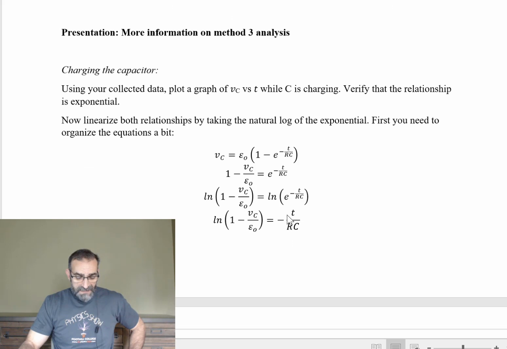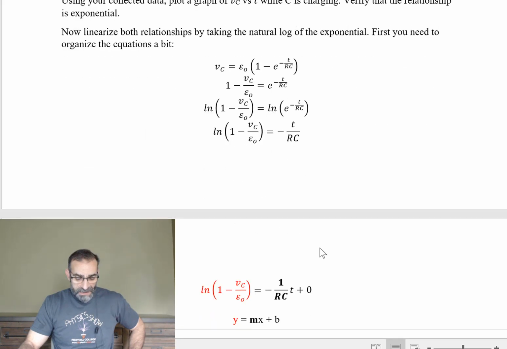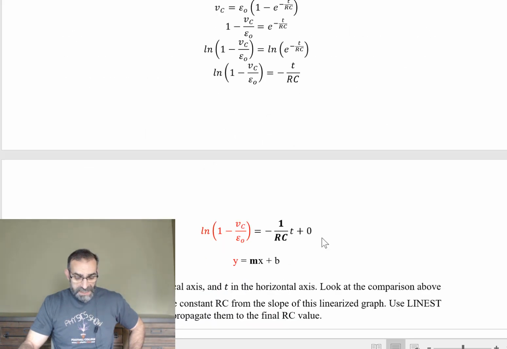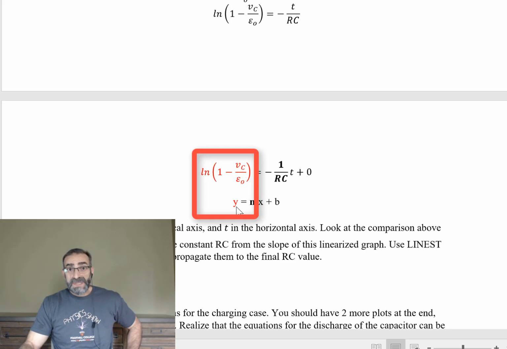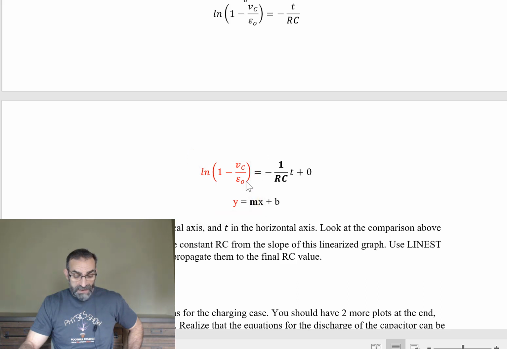And then you see that this kind of looks like an equation y equals mx plus b. What's y? What goes on the y-axis? The natural log of 1 minus the voltage on the capacitor divided by the maximum voltage.